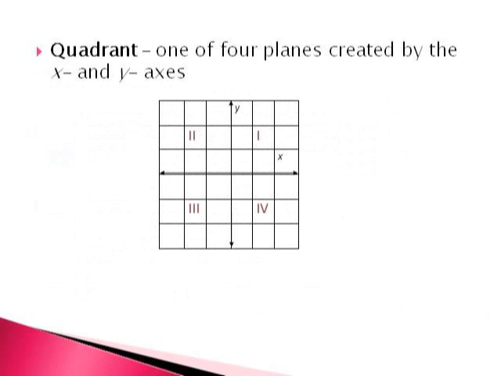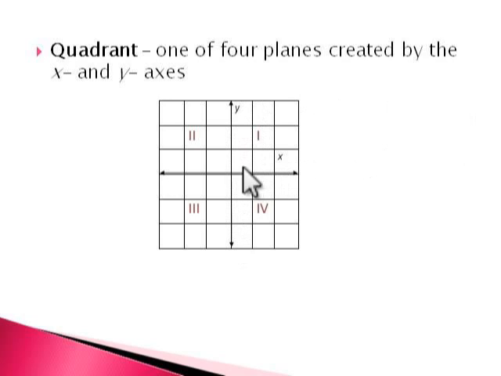So this would be what a coordinate plane would look like. Here you have the horizontal line of this coordinate plane, which is the x-axis. The vertical one is the y-axis.